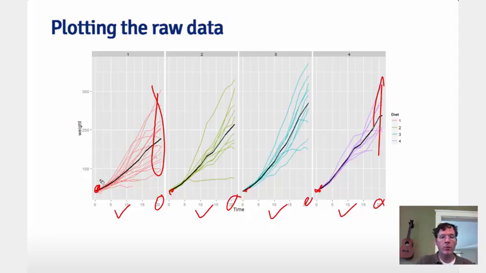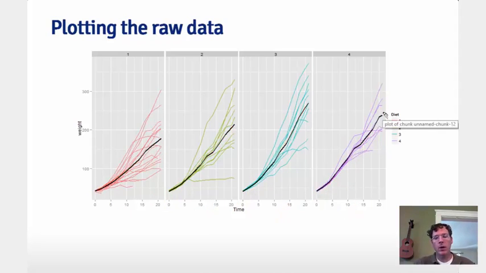I put a reference line here that is the mean for each of the groups. And at least without any formal statistical test, it does appear that the average weight gain for the first diet is a little bit slower than the average weight gain for the fourth diet.